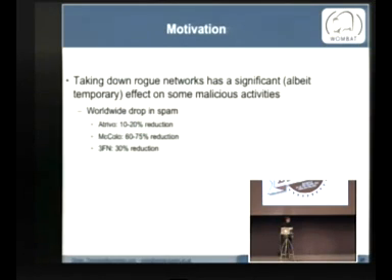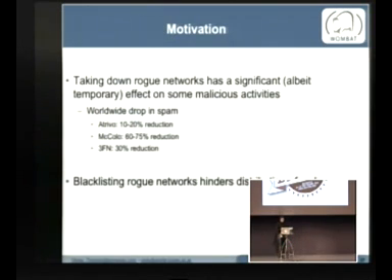When Atrivo was taken down, the reduction was 20%, but when McColo was taken down, for example, the spam volume dropped 75%. It was brought online again later, but at least for a couple of months, the spam volume on the internet was reduced greatly, and that's what we want to achieve.